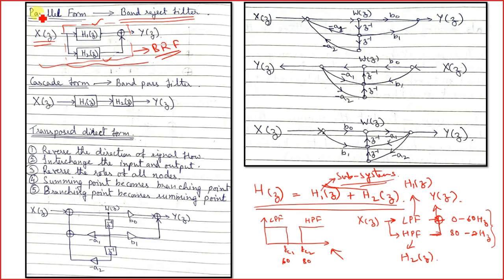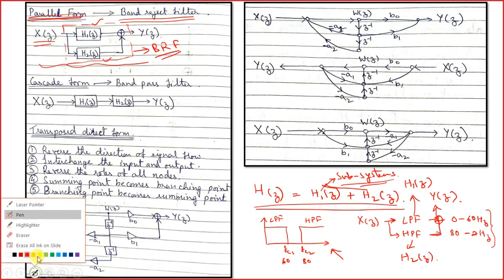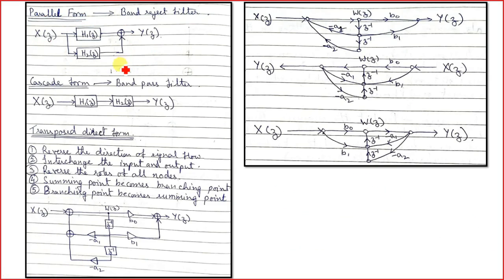That's why it has been named parallel form realization. Okay. Next is cascade form realization. Here we design a bandpass filter.